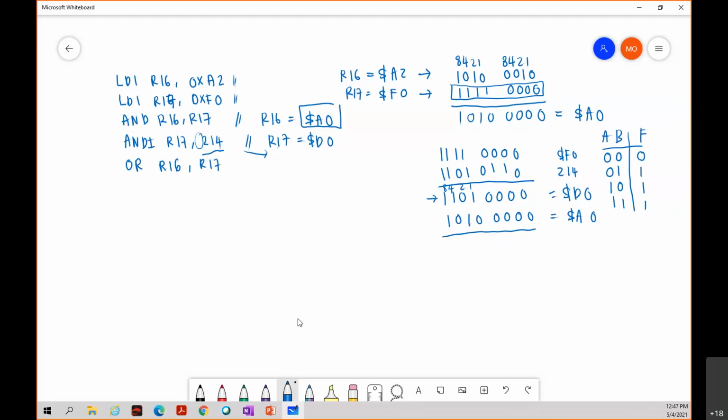Based on this, you just compare D0 and A0 and do the logical OR. 1, 0 gives 1. 1, 0 is 1. 1, 0 is 1, and 1, 1 is 1. So now you get F0. R16 will now have the new value, which is F0.